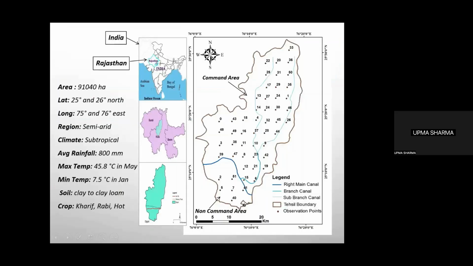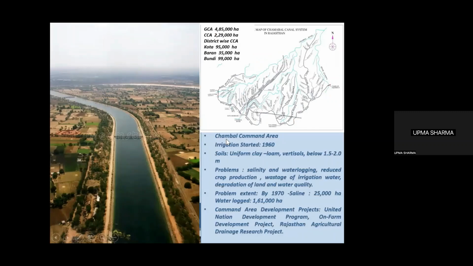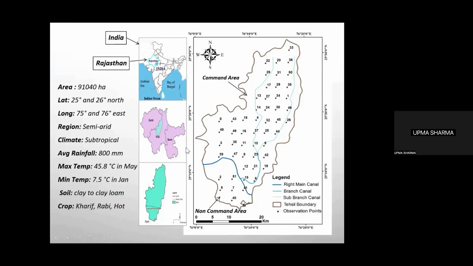Now, this is the map of the study area. You can see the area is around 91,040 hectares, and its latitude lies between 25 and 26 degrees north. Longitude lies between 75 and 76 degrees east. The region is semi-arid and the climate is subtropical.